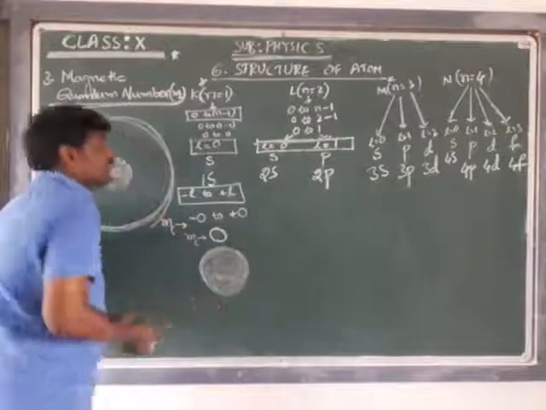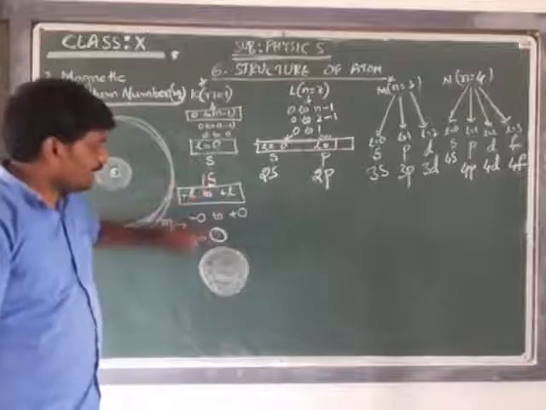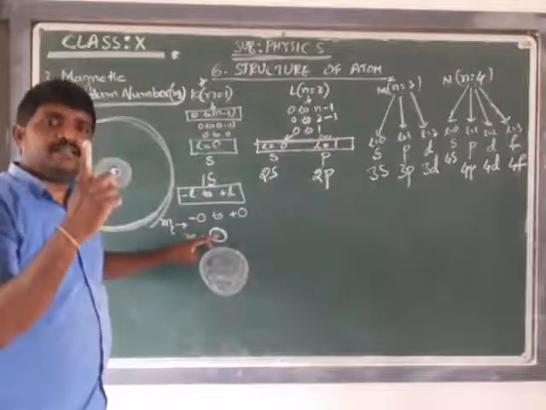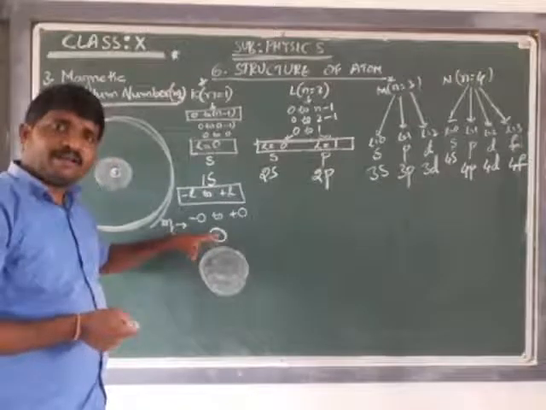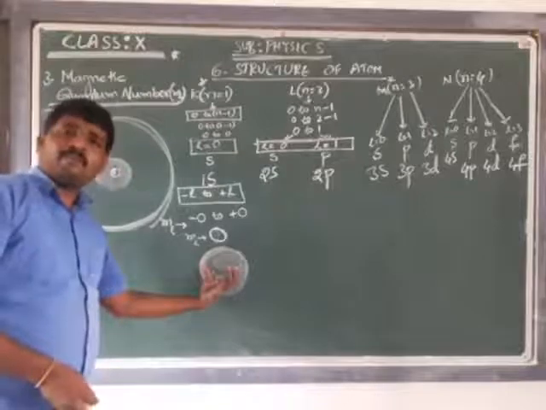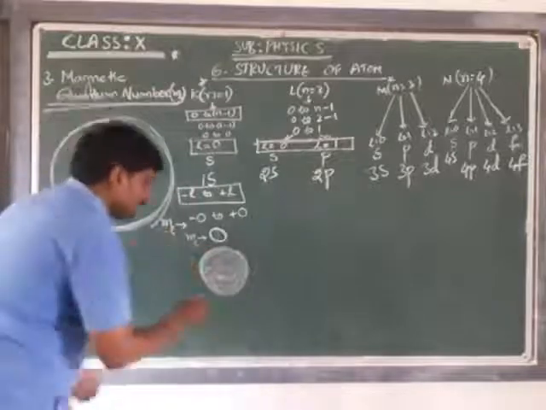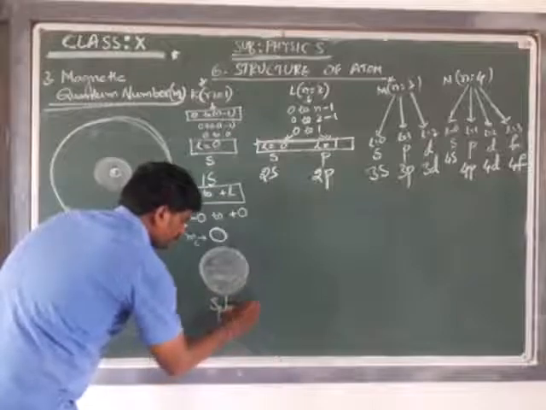That means the S subshell has only one orientation, referred to by ML value equal to 0. How will that orientation be? In the form of a sphere, a spherical shape.